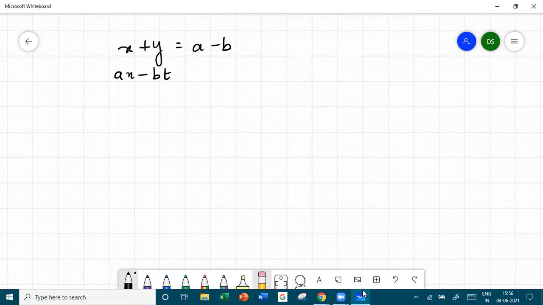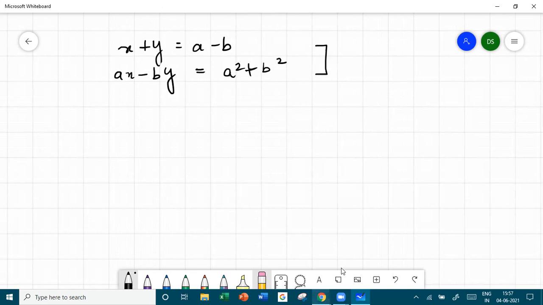There is a typo everywhere. So these are your two equations.